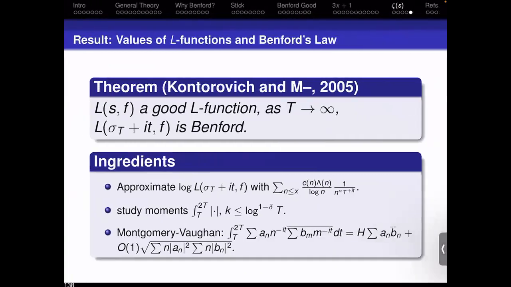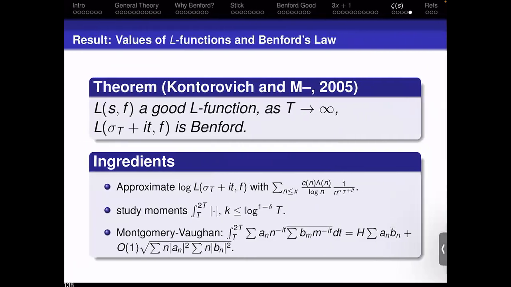Alex and I were able to show that for any good L function, this gives us all the conditions we need to go through and then just do the algebra from the Benford good part of the talk and show that all those conditions are met, and we can control the error terms and everything works out. So for any L function with these 6 properties, we would have Benfordness.